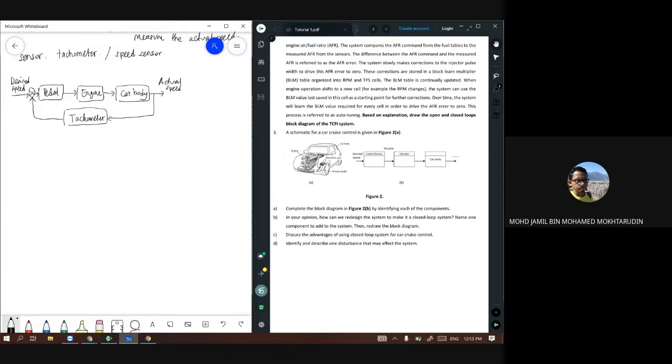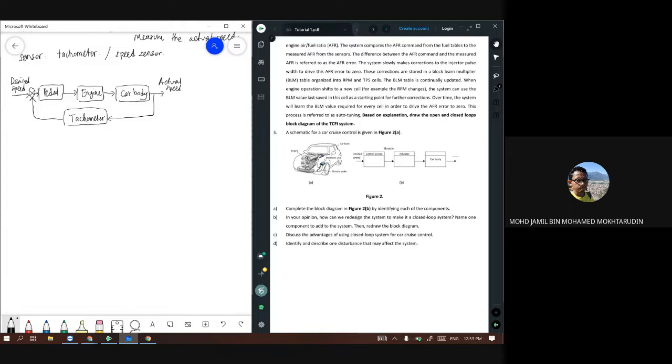Or maybe you drive over a bump. When you drive over a bump, the speed is reduced because of the bump, or you have to reduce the speed so that the car is not damaged when moving over a bump.